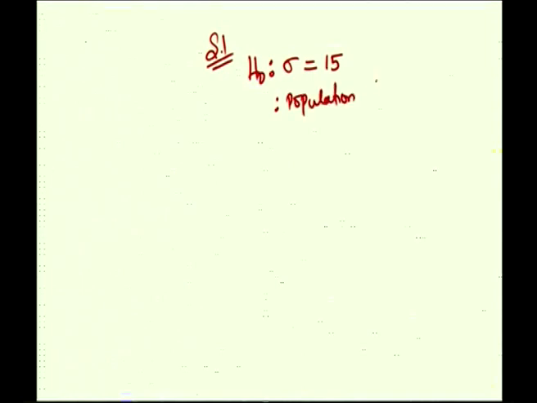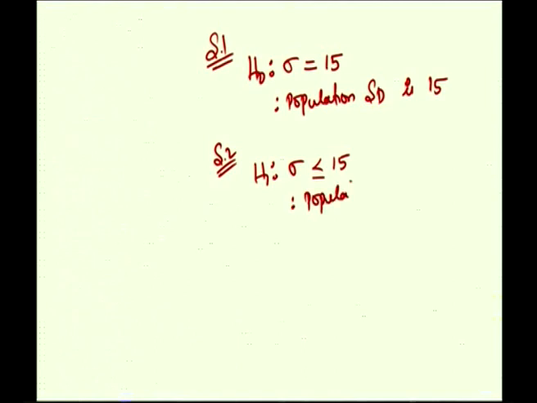Okay, so let us go ahead with the procedure of test of significance, wherein in H naught we usually fix up the variance value. Since you are asked to test the standard deviation, H naught will be testing the standard deviation value. So, sigma is equal to 15, that is the population standard deviation is 15, against H1, specifically asked in the question, to check whether it is less than 15.